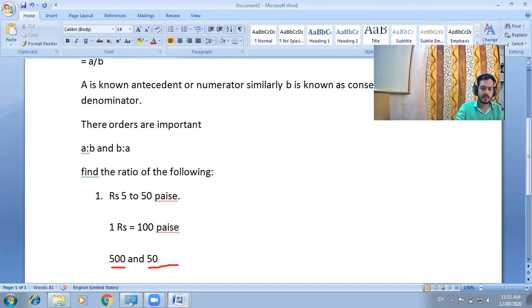After that we can divide 500 by 50. Then 0 and 0 cancel out. So 5 ones are 5.